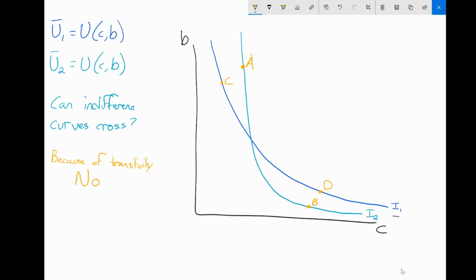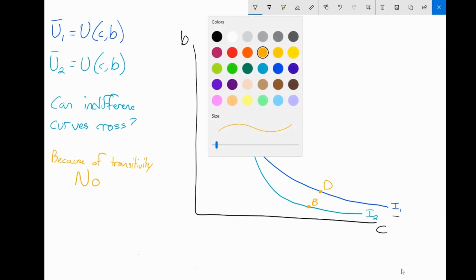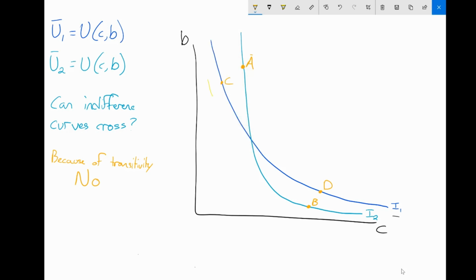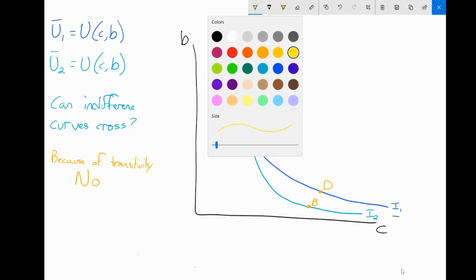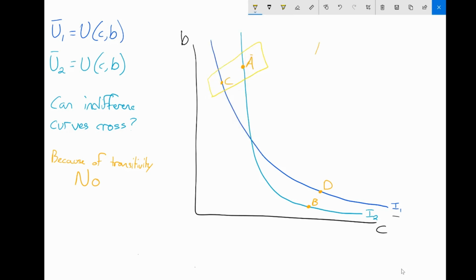Now, by looking at this indifference curve, we know some things. First, we know that agents will derive more utility from A than from C. That's very clear, so let's write that out. Agents prefer A to C. So we know that.